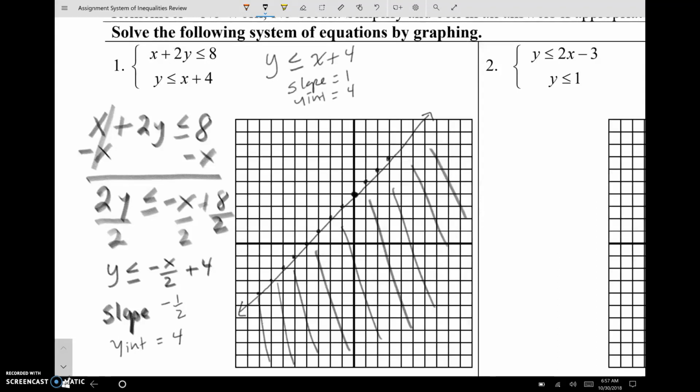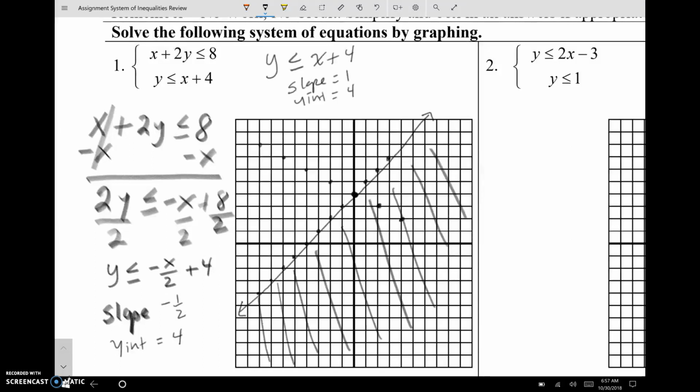The other equation has a y-intercept of 4, so we go up 1, 2, 3, 4, but the slope is negative 1/2, so we're going to go down 1 over 2. We're going to go down 1 over 2, and we repeat the process until we form a line.